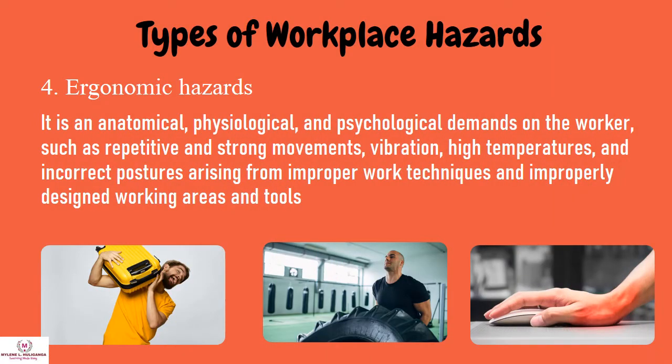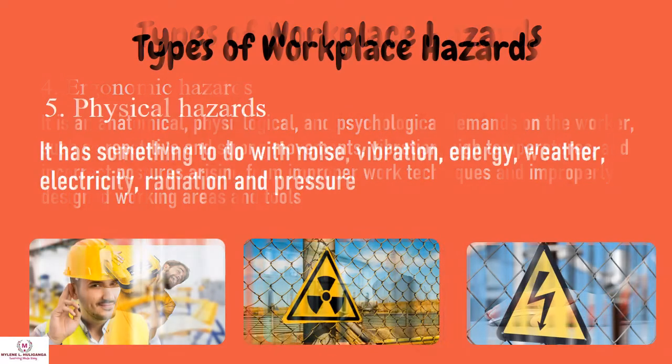Number 4 is the ergonomic hazards. It is an anatomical, physiological, and psychological demand on the worker, such as repetitive and strong movements, vibrations, high temperatures, and incorrect posture arising from improper work techniques and improperly designed working areas and tools.